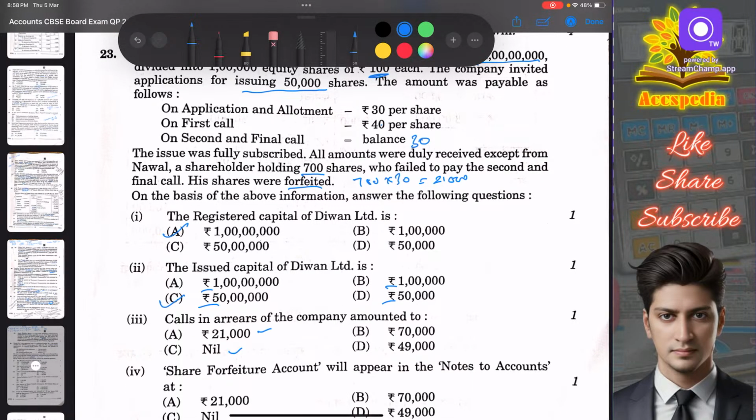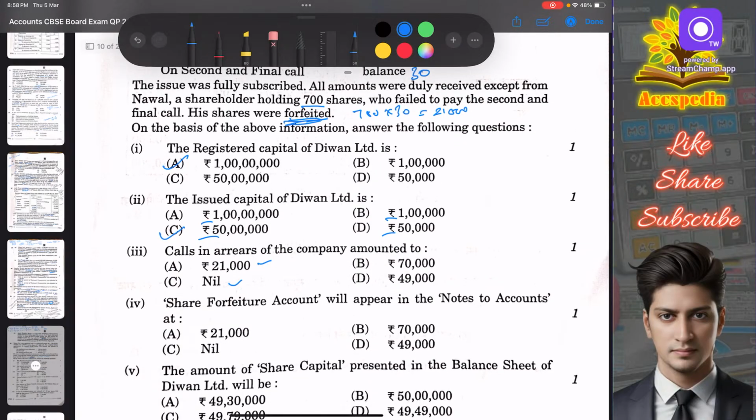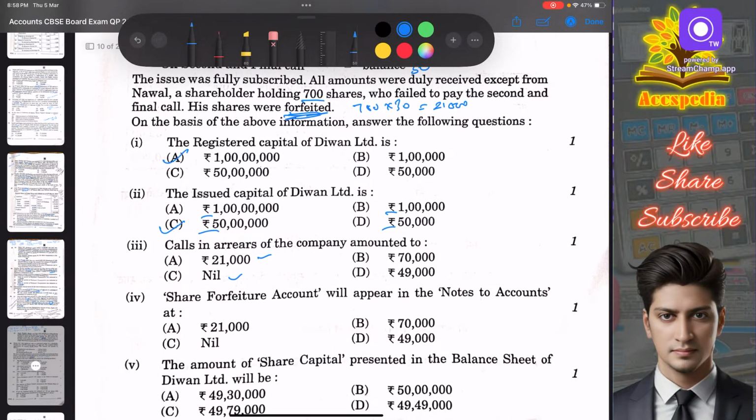It creates confusion, right? There is an ambiguity that calls in arrear was there. Calls in arrear would be there if it is not forfeited, which is 21,000. Since it is forfeited, there is no calls in arrear. We would have credited calls in arrear and closed it. So it is nil. What they are trying to ask, I don't know.